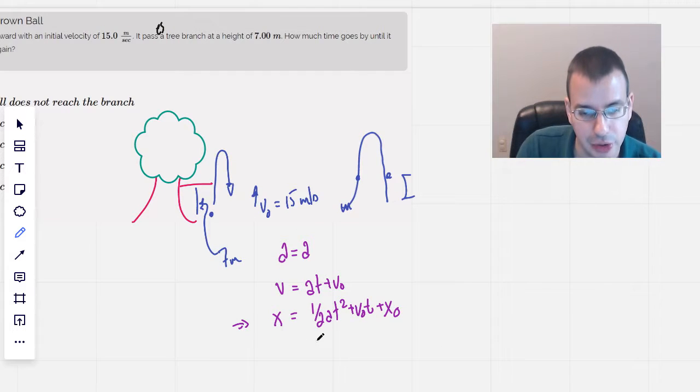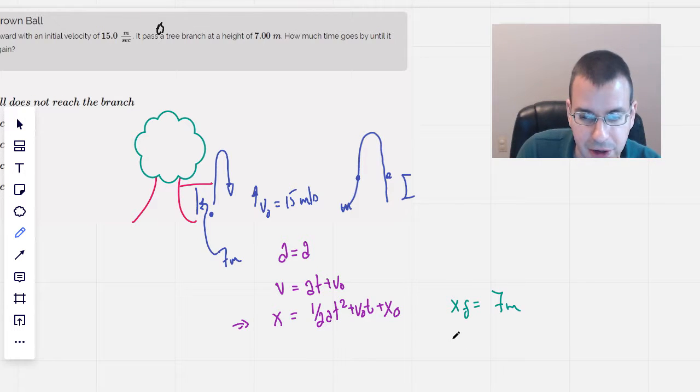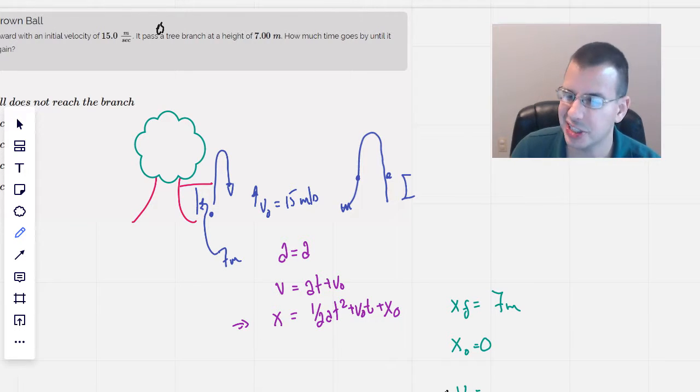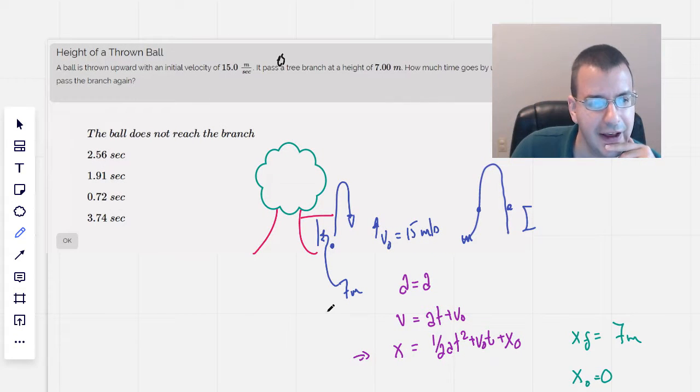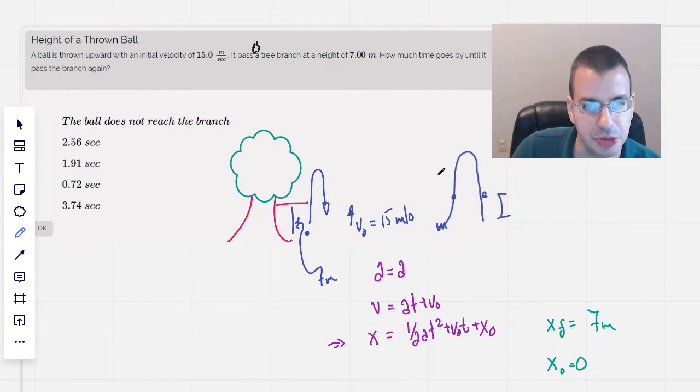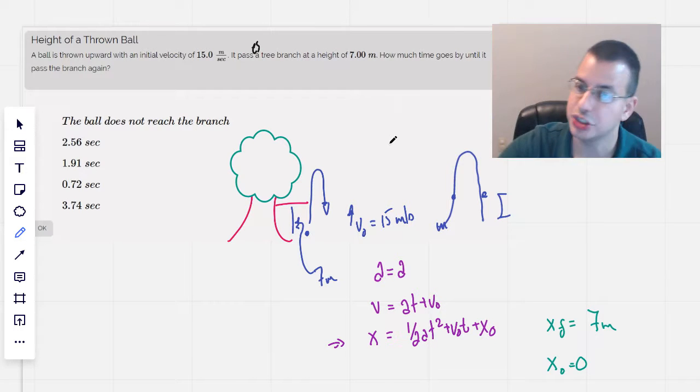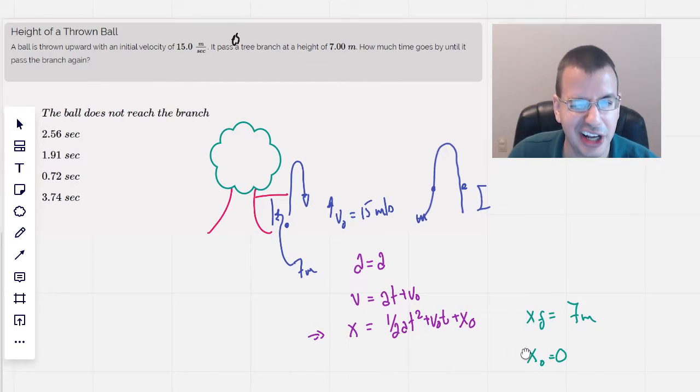So I'm just going to start writing in what I know here. x final will be 7 meters, because that's the height of the branch. x initial, we'll say it starts from the ground. I'm going to assume the branch is 7 meters above where the ball is thrown, because that's the only thing that seemed reasonable.